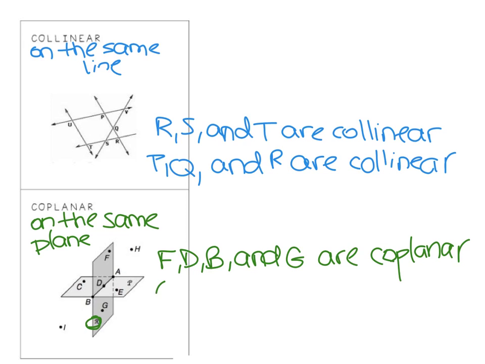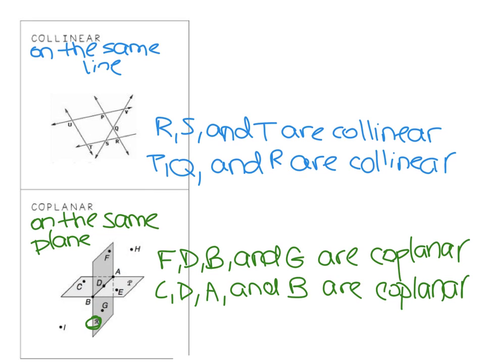Or we could say C, D, A, and B are coplanar. Points B, D, and A, if you notice here, are on both planes, so that's why we have some repetition here in the D and the B points. So that can happen sometimes because in this case they're intersecting.